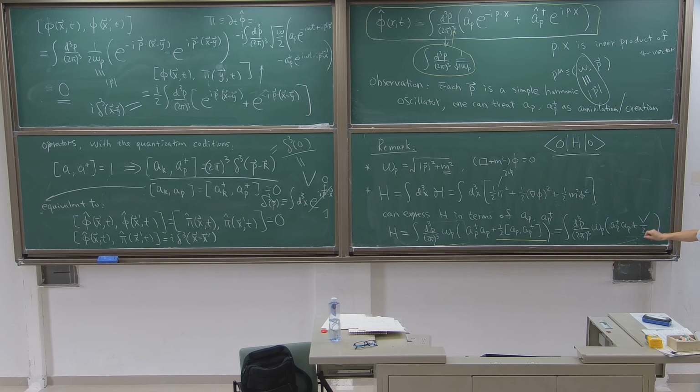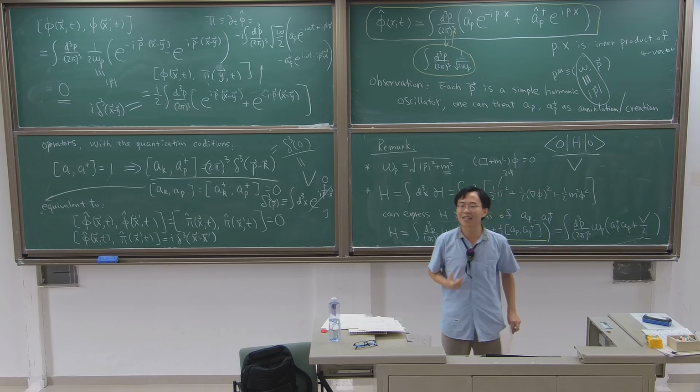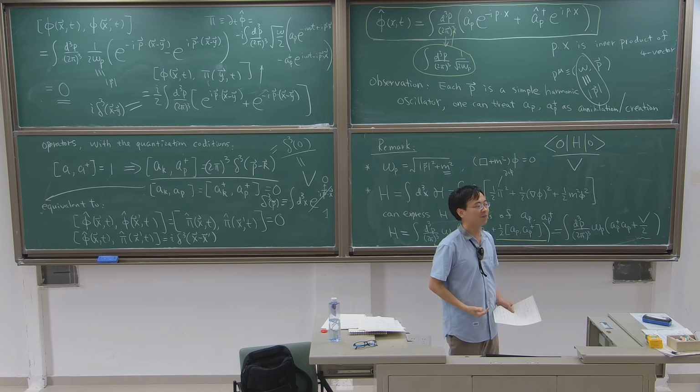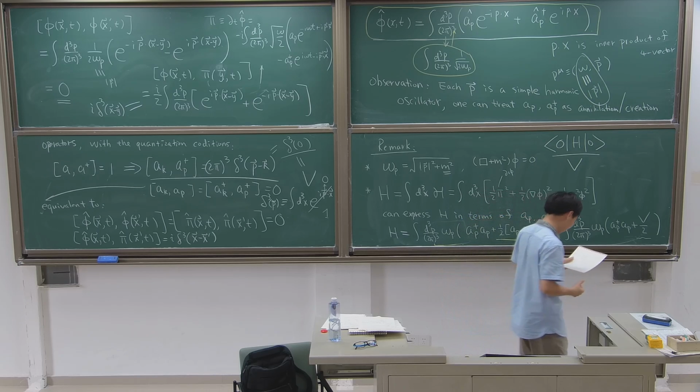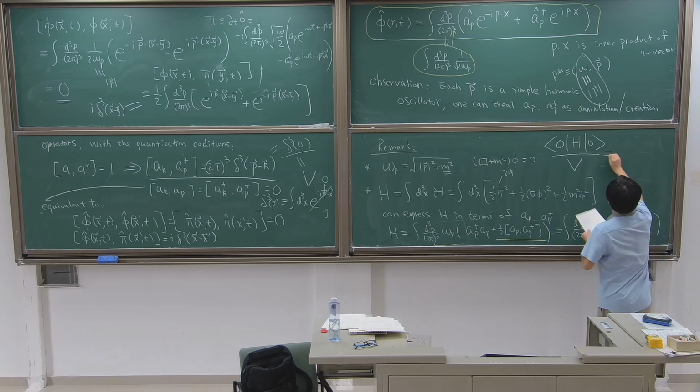Now, we also know the second term is nothing but V over 2. Why don't you just measure something called energy density, which divides this quantity by volume? This will be a good observable. This is the vacuum energy density.